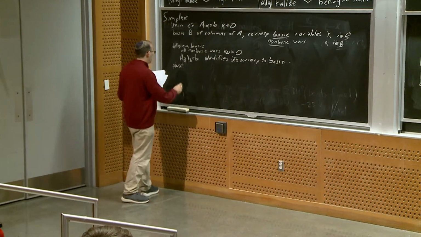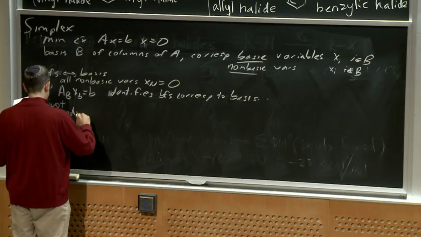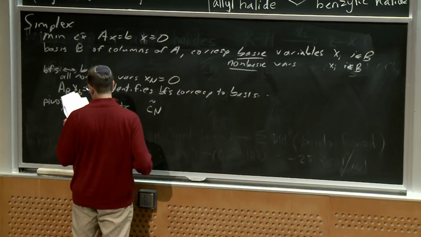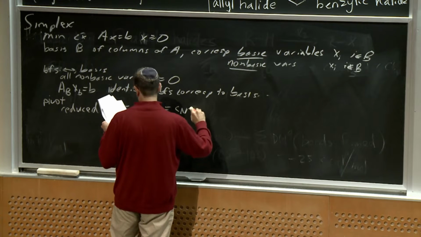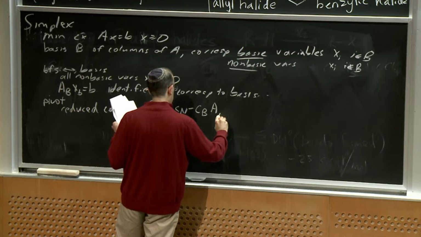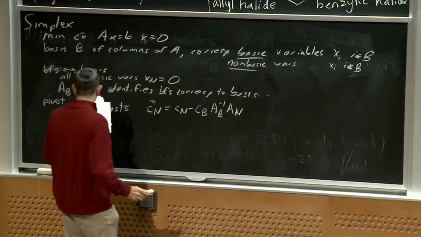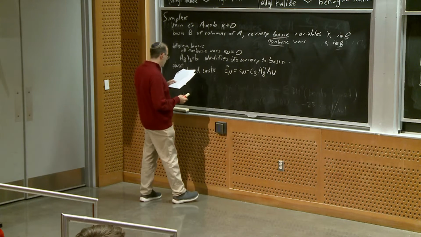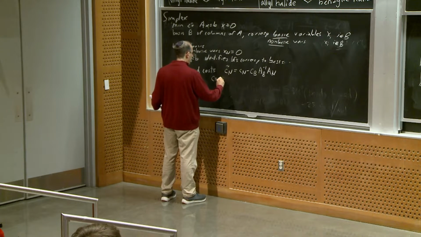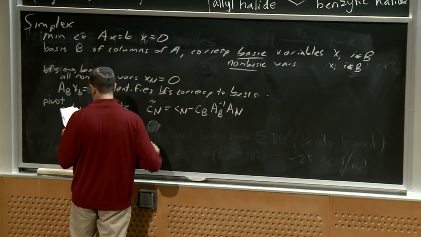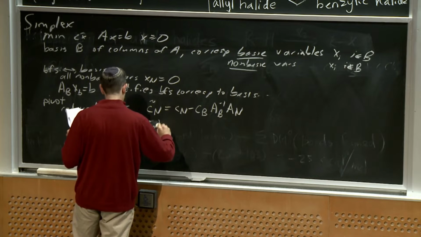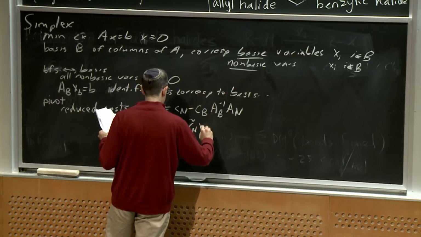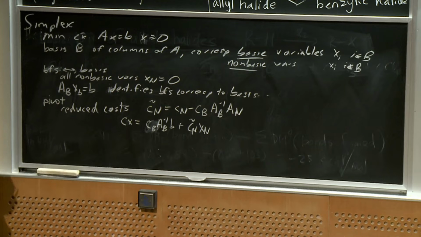So we defined these reduced costs c tilde n on the non-basic variables, and we said that using these reduced costs, we could express the value of our objective function just in terms of some constant, c_B B inverse times b, plus a function that's linear in the reduced costs, right?